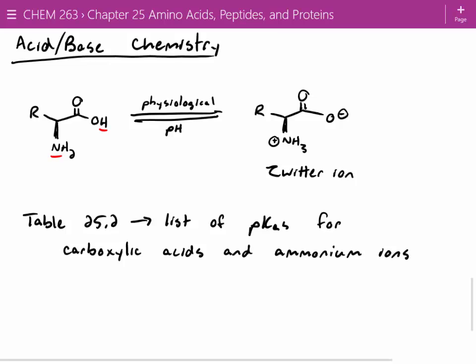There is an interesting thing I did want to bring up, and this is called the isoelectric point.